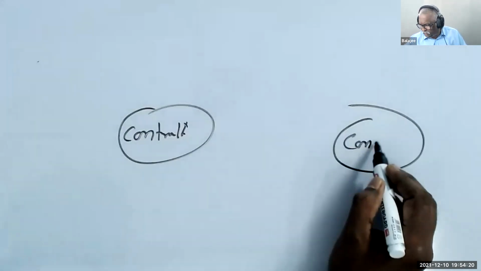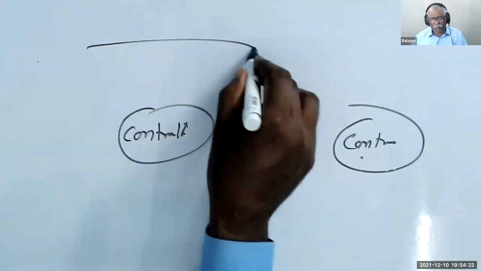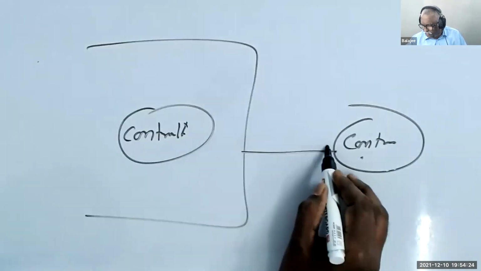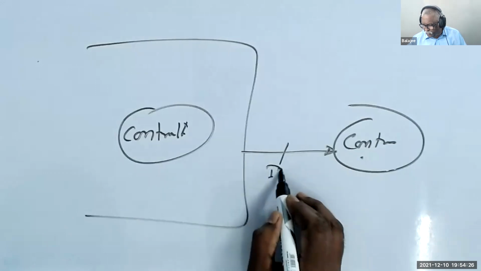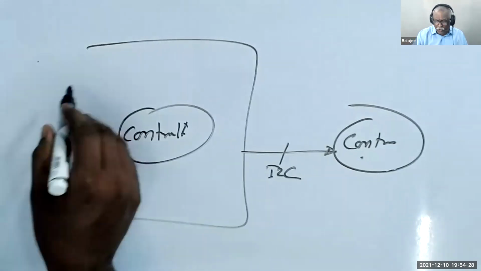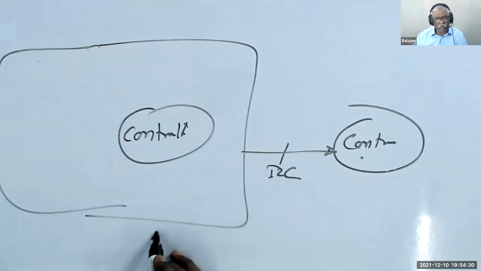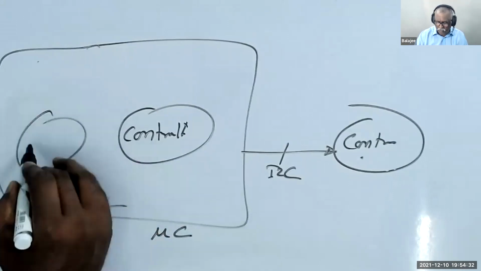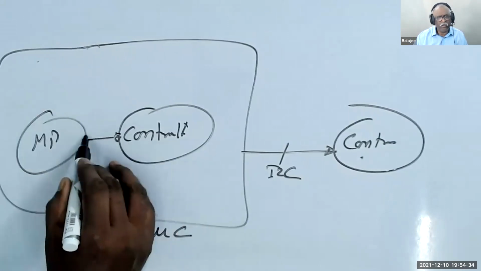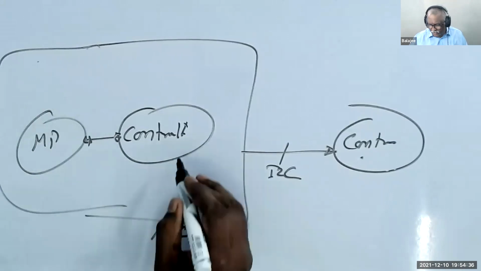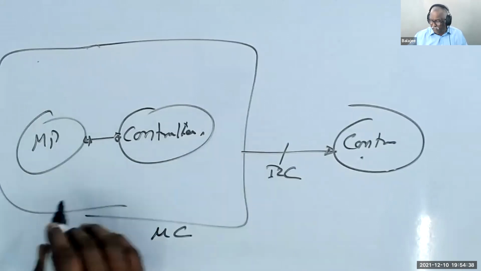There is a controller outside the chip, which you connect through I2C. And there's a controller inside your microcontroller. To understand, there's a big difference.